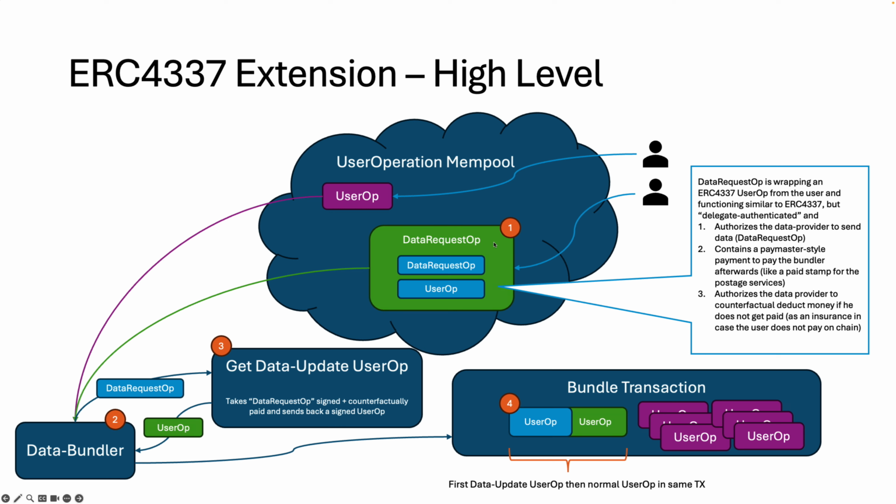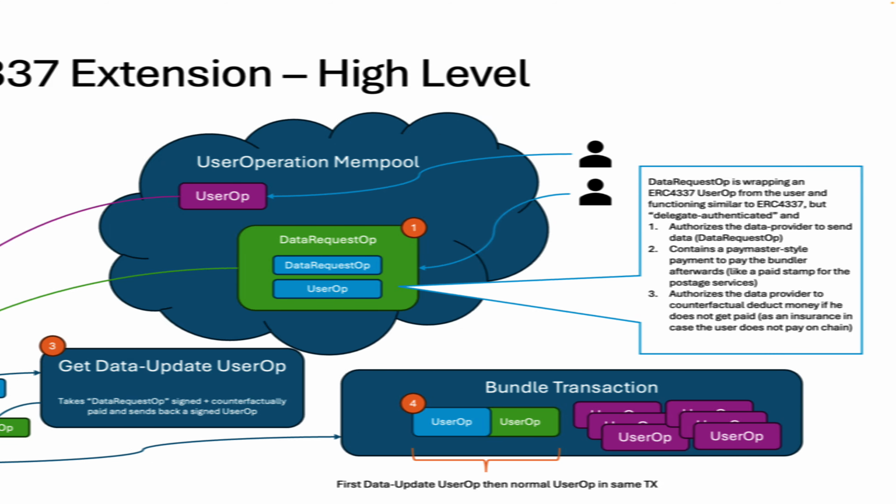Now with a data dependent operation, you have the normal UserOp that goes into the bundler, but the bundler sees that, wait a second, there's something that needs to be injected as a price point, and then it's going to inject another UserOp, but as the data provider, into this bundle transaction to the entry point. And then that one is going to update the Oracle entry point, and your user operation is going to just normally interact with your smart contracts, which are then reading out of the Oracle entry point. Now, this is how it works.